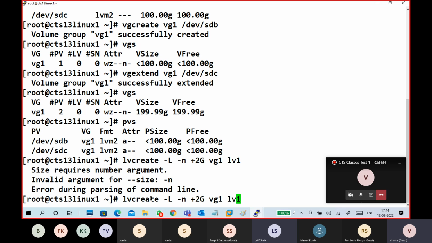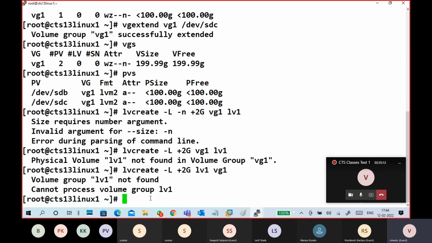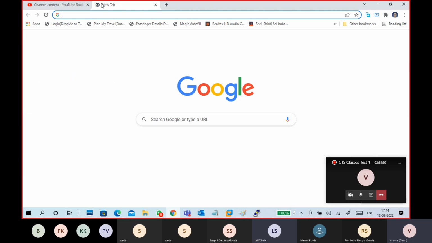Yeah, there is a mistake. What is happening here? Yeah, I gave it correctly only. So you should verify once. Hyphen L is correct, plus 2G is correct, and hyphen n, or one second, we'll see.